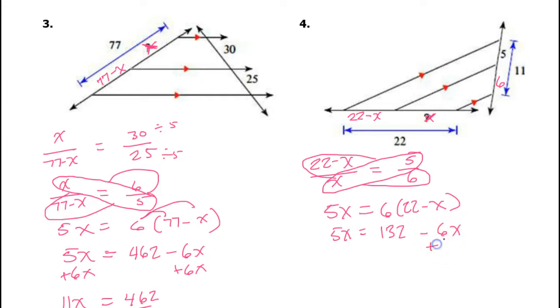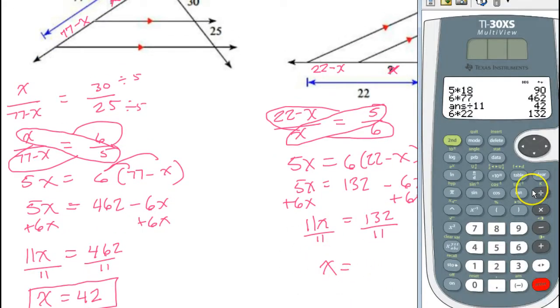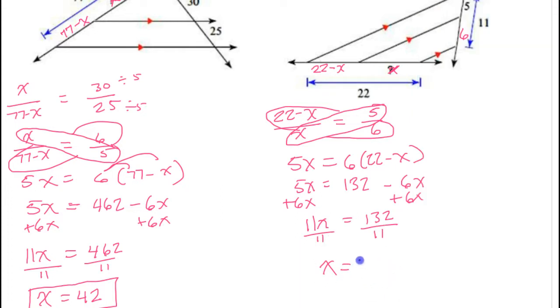It's time to add 6x to both sides. So that is 11x is equal to 132. And then I would divide both sides by 11. That's 12.